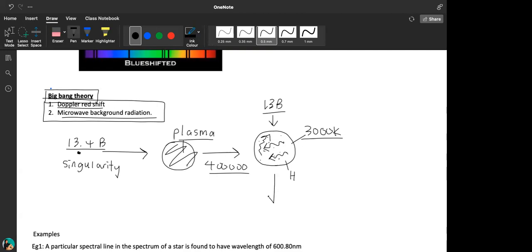Now, fast forward to today. We know that today our universe is much, much bigger in scale. And because the universe is constantly expanding, all this radiation that was emitted 13 billion years ago continues to travel in the universe, from 13 billion years ago until today.